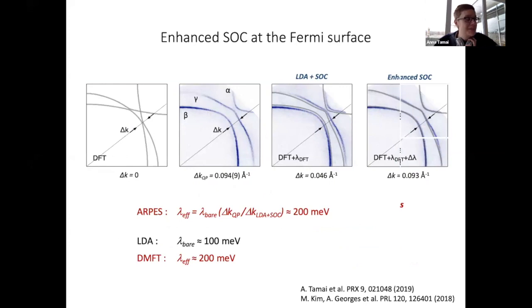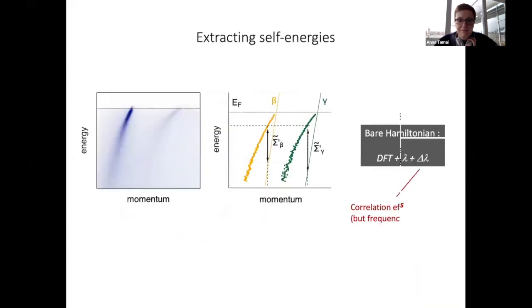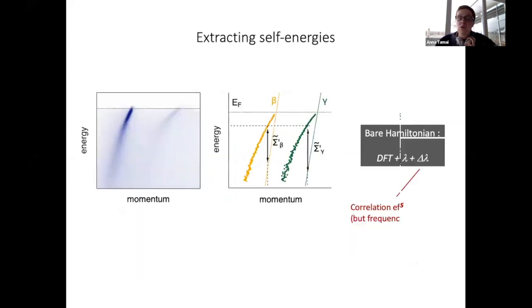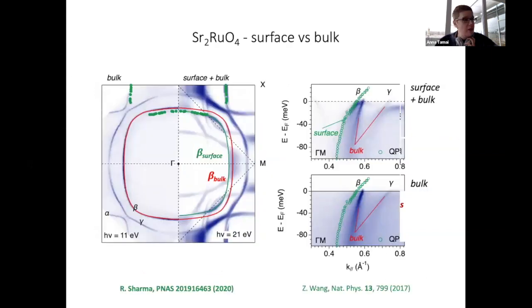This green Fermi surface. Anyway, my question was, can you elaborate a little more about the surface states and the kink at the surface? You mean here? Yeah, okay.